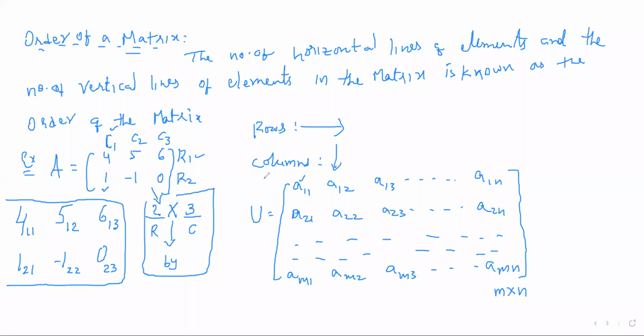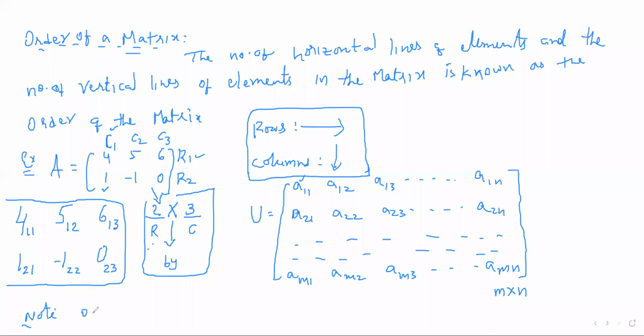Now here I have already told you that horizontal lines are known as rows and vertical lines are known as columns. Whenever we are representing the order of a matrix, first we should represent the number of rows followed by the number of columns only, not vice versa.